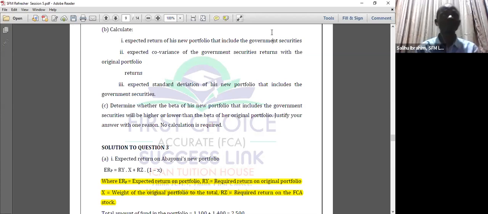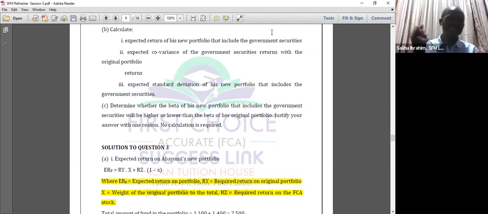For instance, if I compute my correlation and I'm getting minus 1.2, it indicates that the returns of the investments whose correlation I have measured are not moving in the same direction. Are we together?